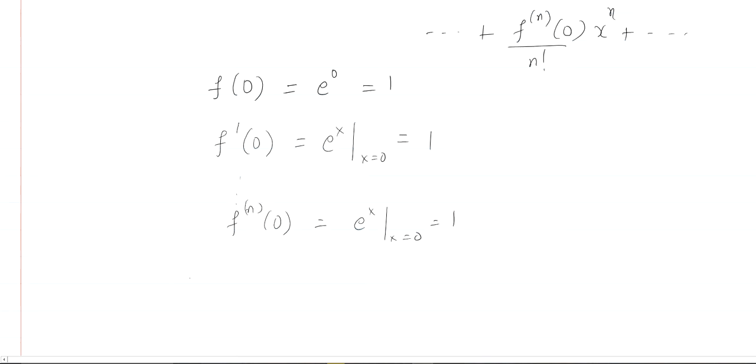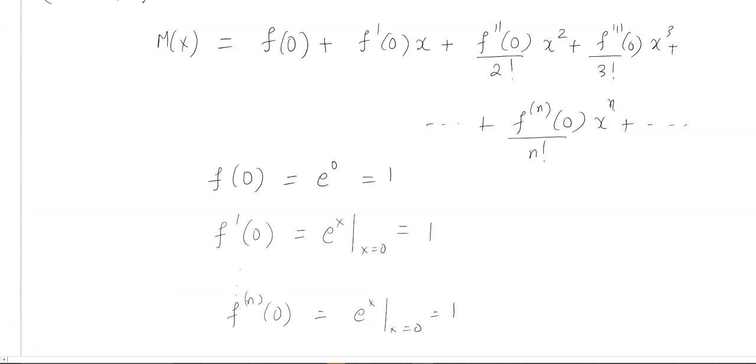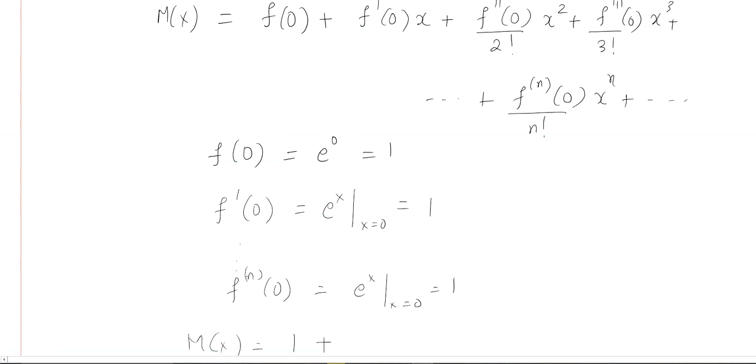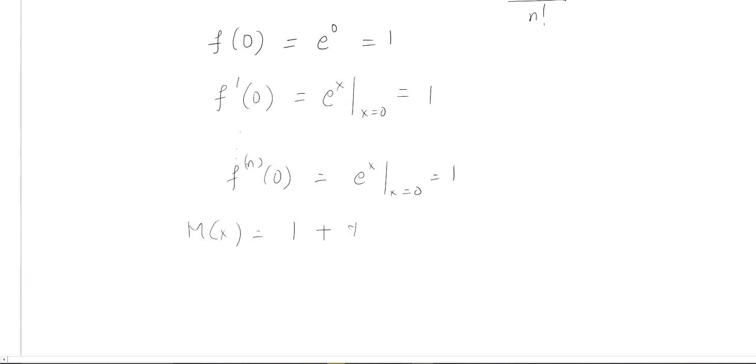So the Maclaurin series for e to the x is equal to 1 plus x plus x squared over 2 factorial plus x cubed over 3 factorial plus x to the 4 over 4 factorial plus dot dot dot. Very easy.